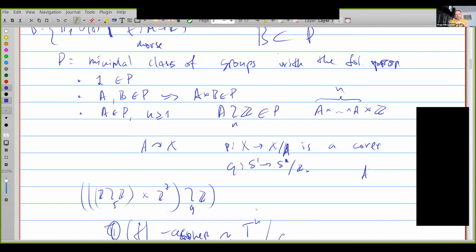So yes, there is some hierarchy, but it can be better viewed via these formulas. And there is a clear action of this kind of group.